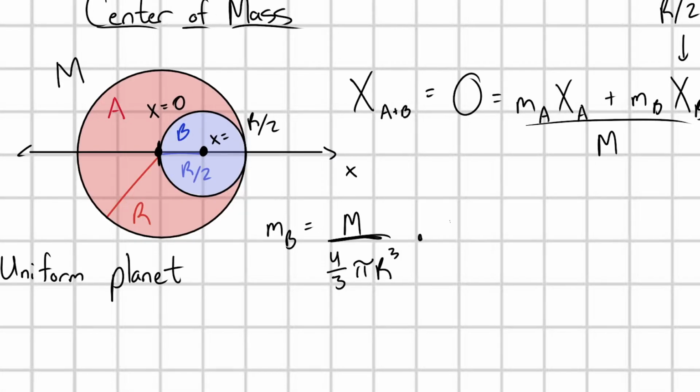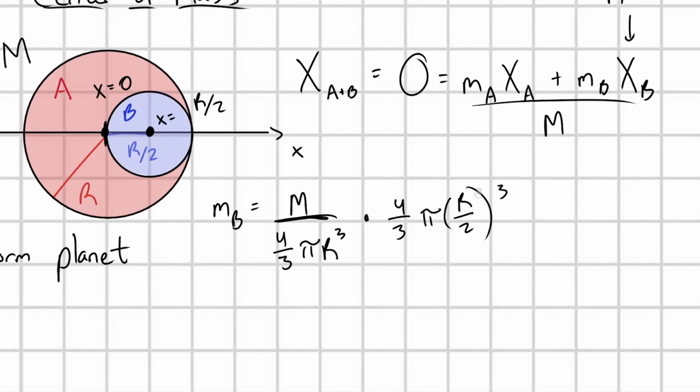Which is going to be 4/3 pi times R over 2 cubed, right? And we're going to get a lot of canceling, and we're going to have M over 8. Okay, so the mass of subsystem B is M over 8.